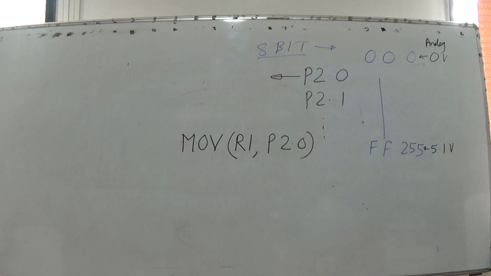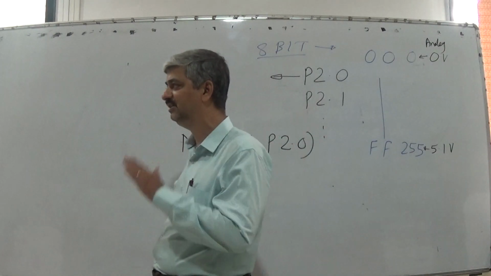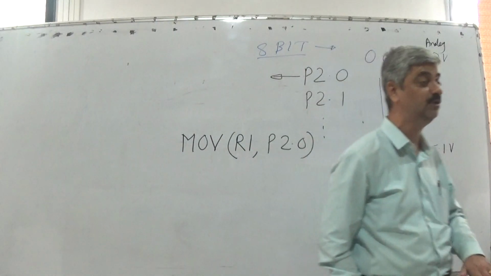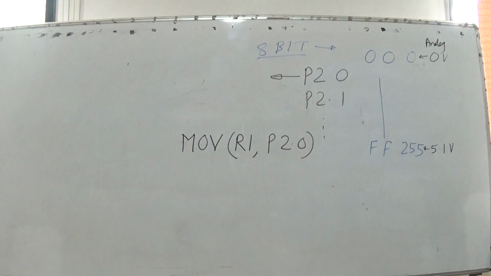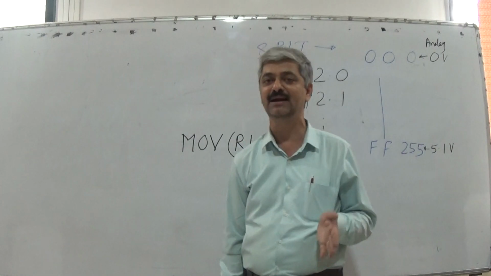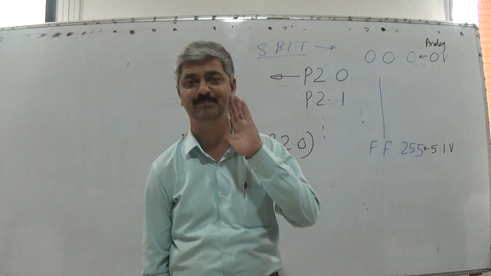So while designing, we have to design some instructions wherein we can read the digital equivalent of a single input pin into 8 bits. And again remember, analog to digital conversion can never be accurate, it is always approximate.